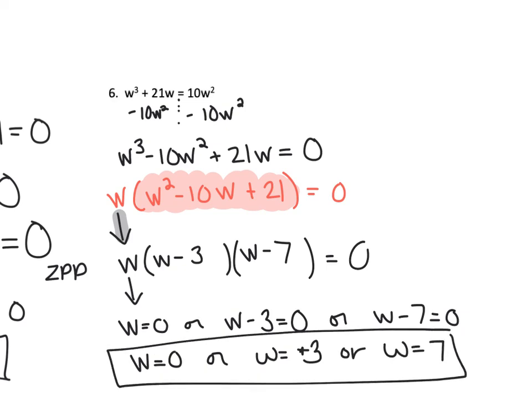So here are my 3 possible solutions. Interestingly, what would this graph look like? Well, we haven't looked at cubic stuff, but it's kind of interesting to see. It crosses at 0, 3, and 7. So it could potentially look like this.